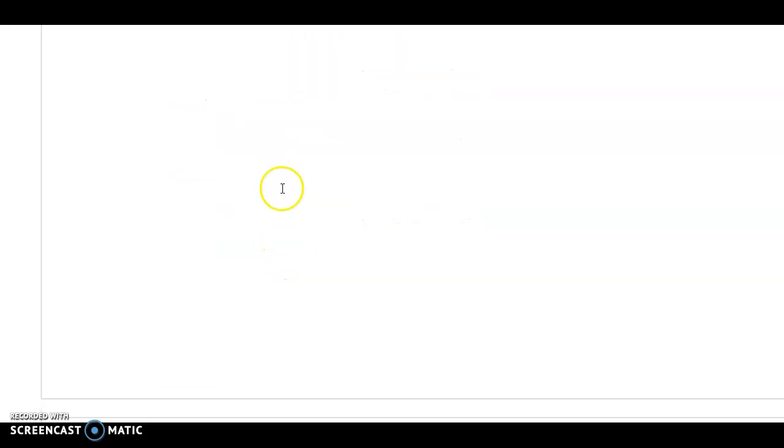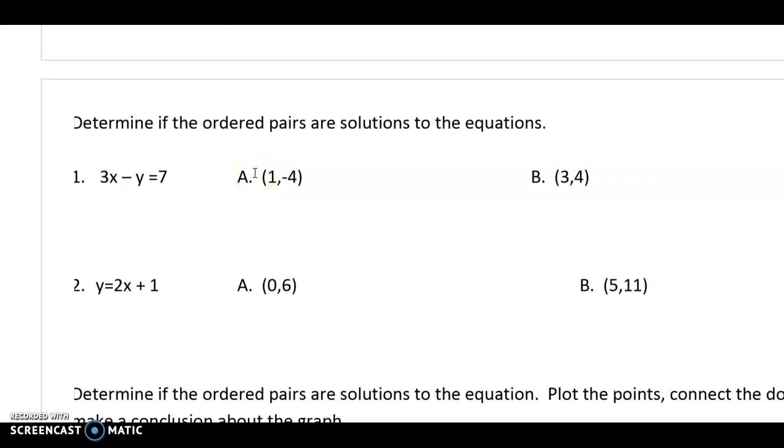Okay, so taking a look at that, what do we mean by this? If I look at this equation here, this isn't in slope-intercept form, but it is an equation in two variables. So to determine if this is a solution, we're going to say x is 1, y is negative 4. We're going to go over here and put that in.